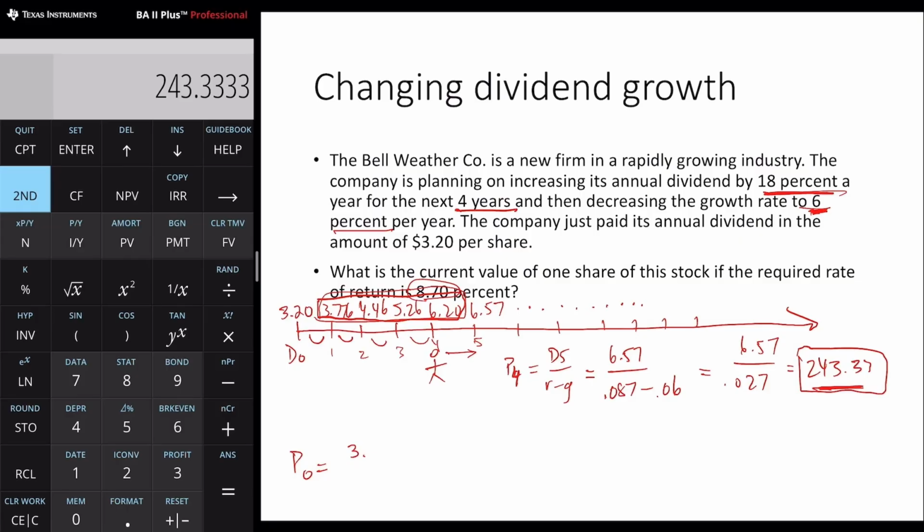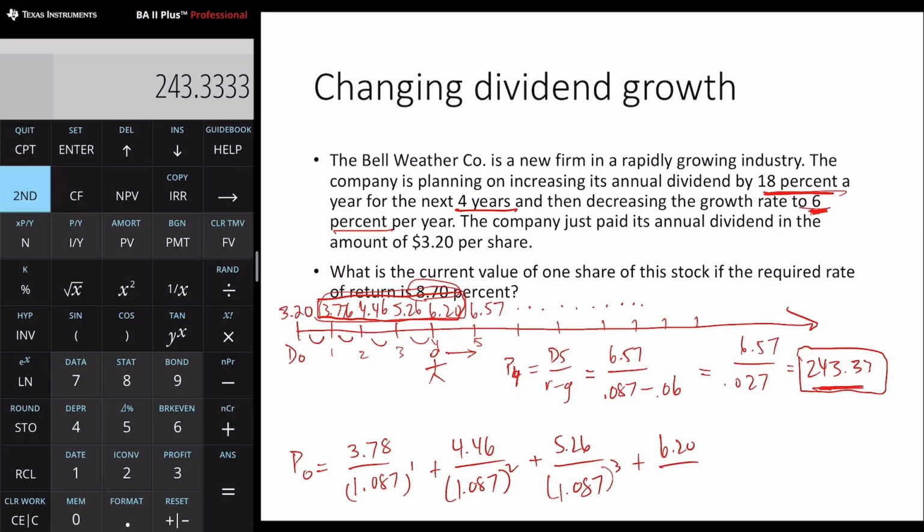So if I want to write it out, then it looks like this. 3.78 approximately divided by the discount rate or the required return, which is 8.7%, 1.087 to the power of 1 for 1 year, plus 4.46 divided by 1.087 to the power of 2, plus 5.26 divided by 1.087 to the power of 3, plus 6.2 divided by 1.087 to the power of 4.